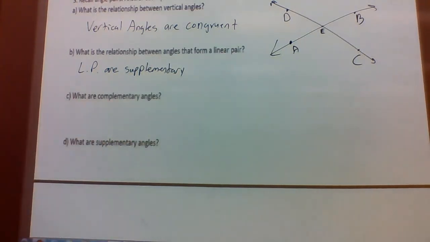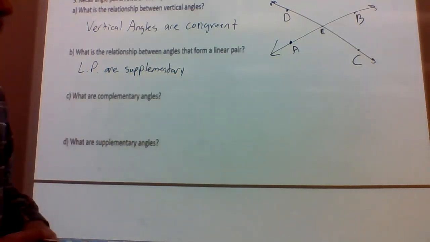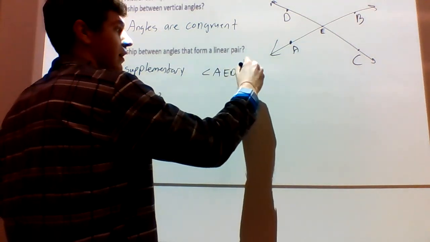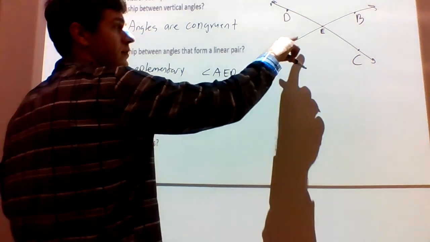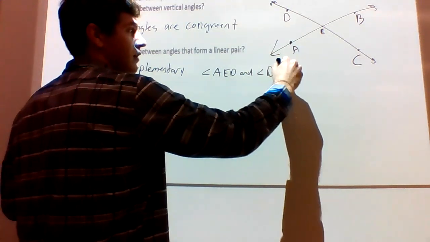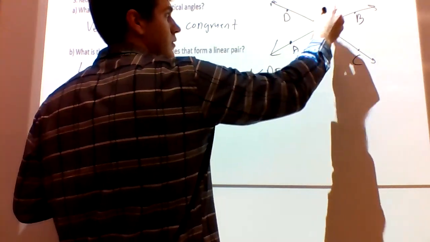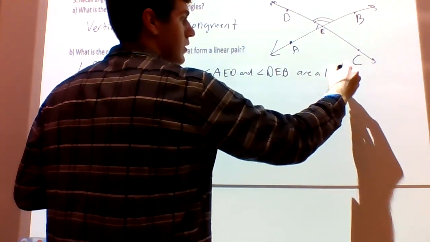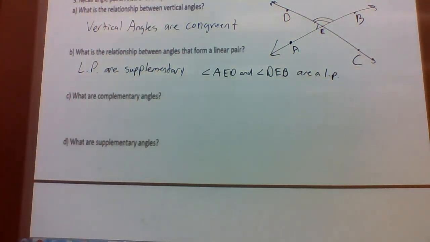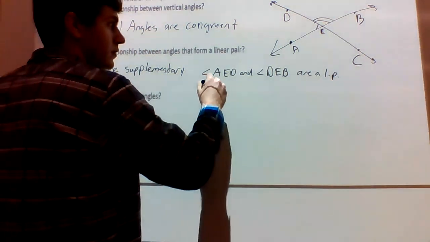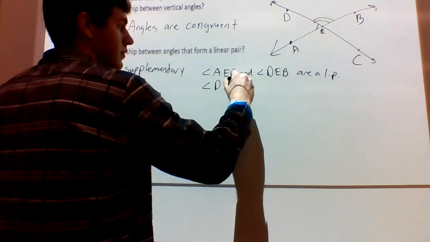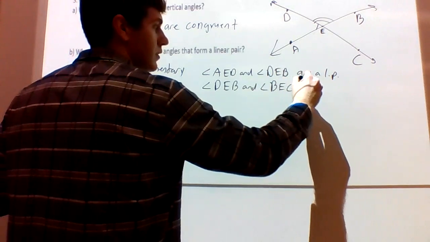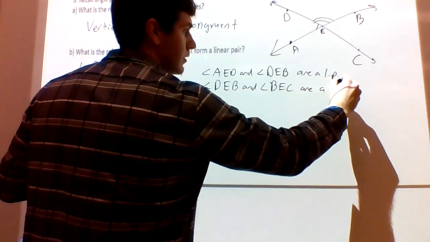We have 4 linear pairs here. So angle AED and angle DEB, these two are a linear pair. Angle DEB and angle BEC are a linear pair.